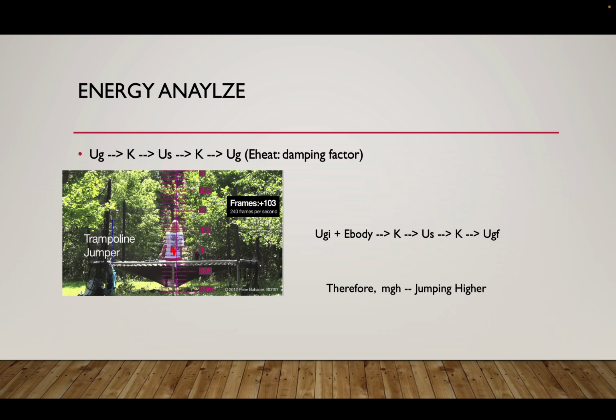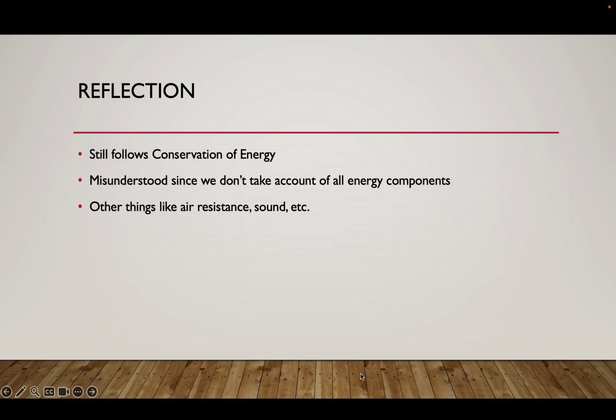So in this case, we have the initial gravitational potential energy plus the chemical energy converted to kinetic energy, then converted to spring energy, then converted to kinetic energy, and finally gravitational potential energy, which is different. Therefore, she jumps higher.